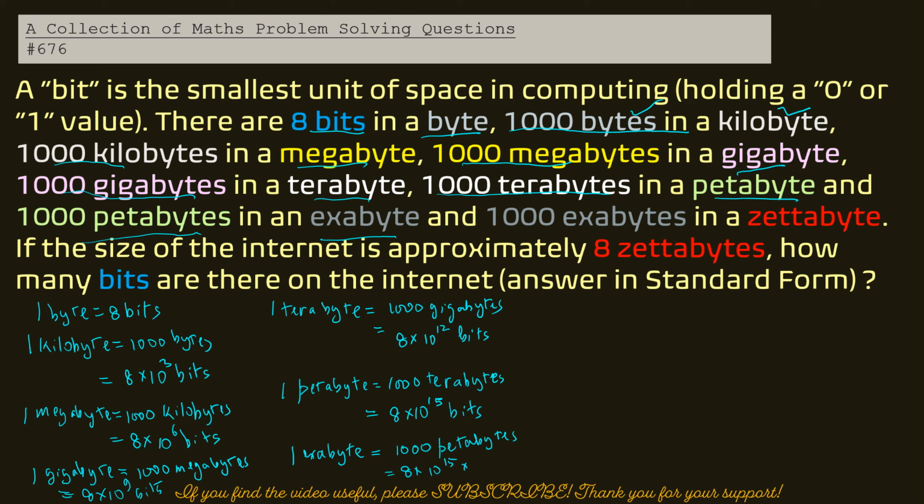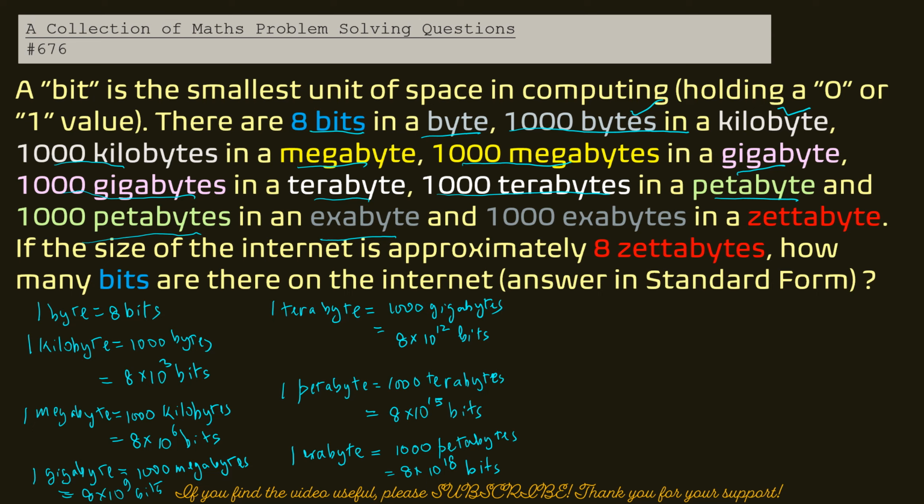So once again, the 3 is going to be added to the 15, so it will be 10 to the power 18 bits. So we get 1 exabyte is 8 times 10 to the power 18 bits.